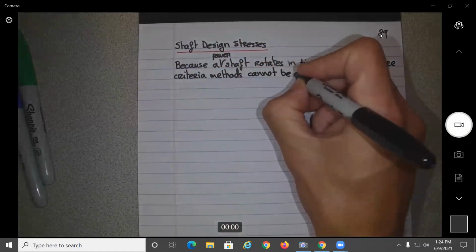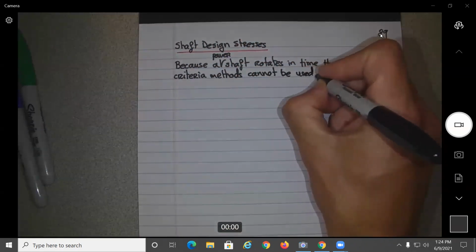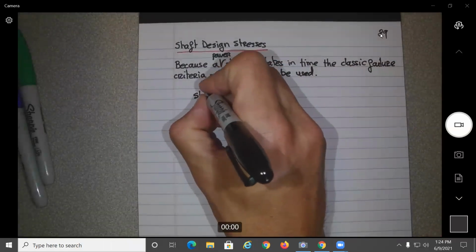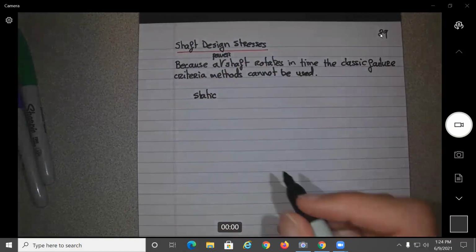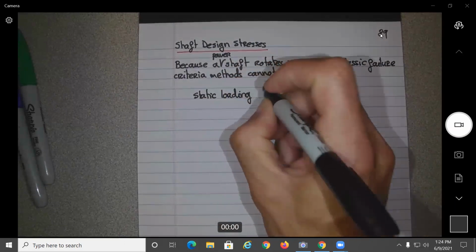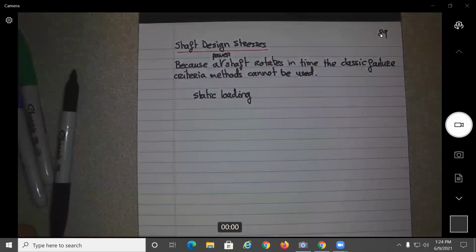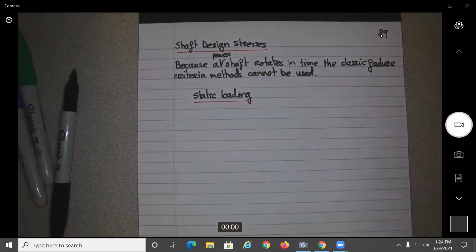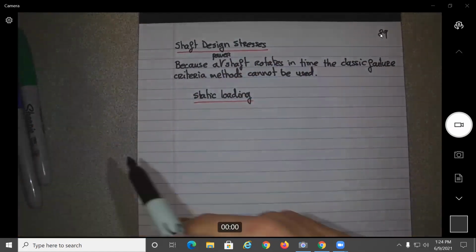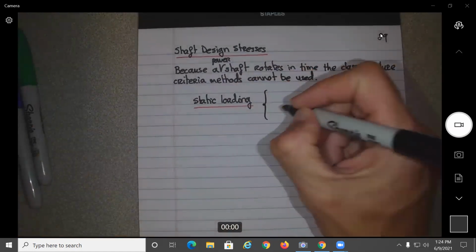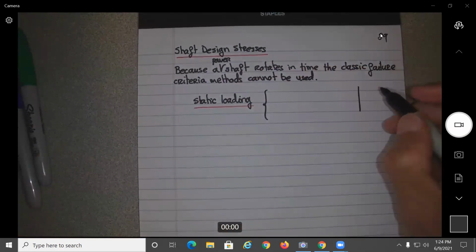cannot be used. So for example, for static loading, generally, what was the criteria? We might do a little bit of this later on anyway, but the general criteria is, let's just talk about bending.